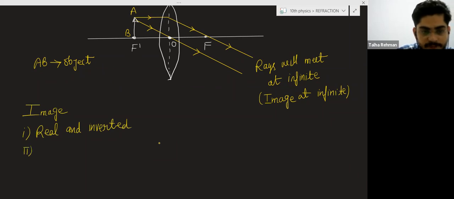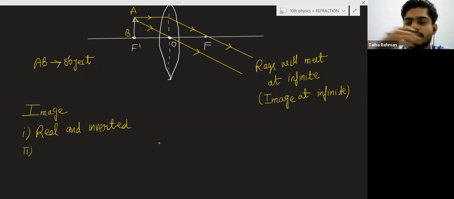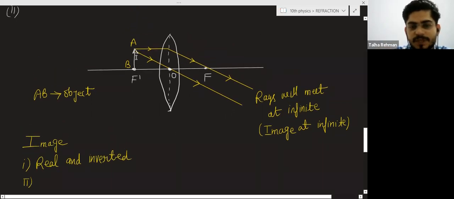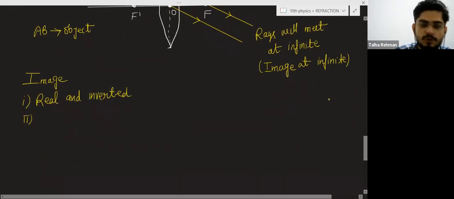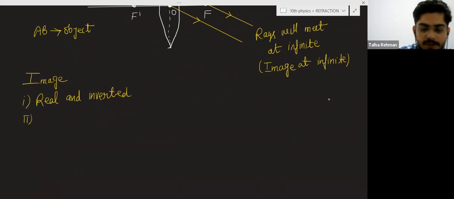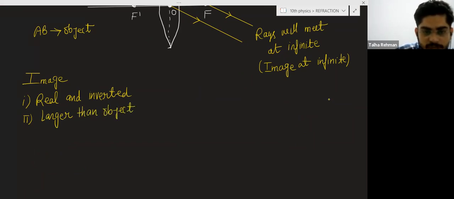Second, what about the size of the image? See, this AB is the object. This object will be smaller as compared to the image. So you can say the size of the image will be enlarged, or larger than the object.